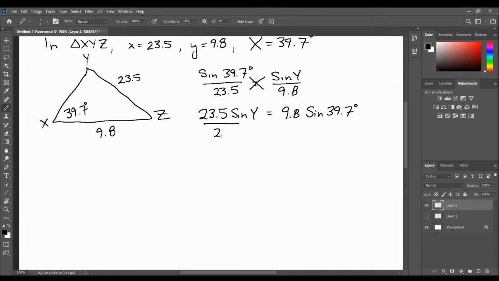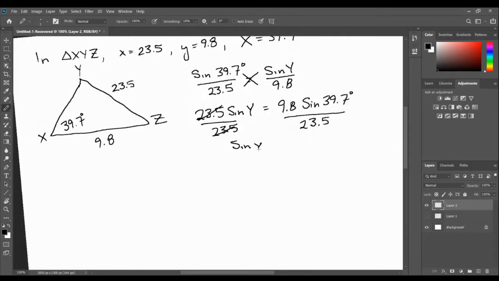Divide both sides by 23.5. Sine of y would equal whatever that is. Go into my calculator: 9.8 times the sine of 39.7 divided by 23.5 is 0.2664.